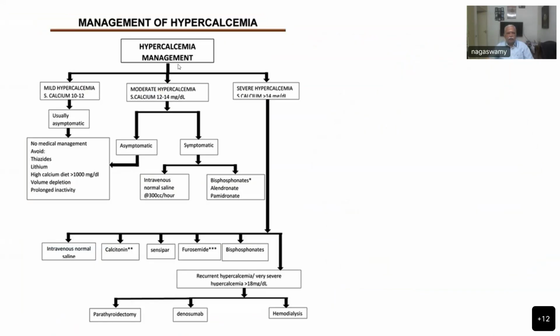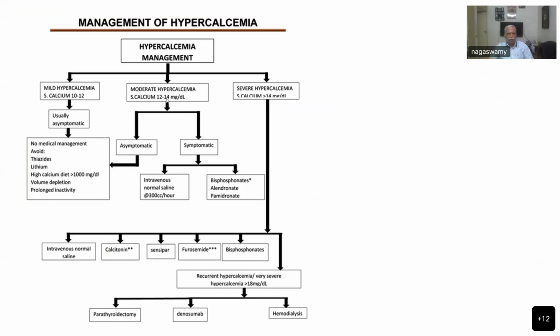How do you manage that? Hypercalcemia management, you can classify that into mild, moderate, and severe. The mild is 10 to 12, moderate 12 to 14 milligrams, and more than 14 is severe. For mild, usually they are asymptomatic, so no medical management is needed. Avoid thiazides, lithium, high calcium diet, volume depletion, and prolonged inactivity.